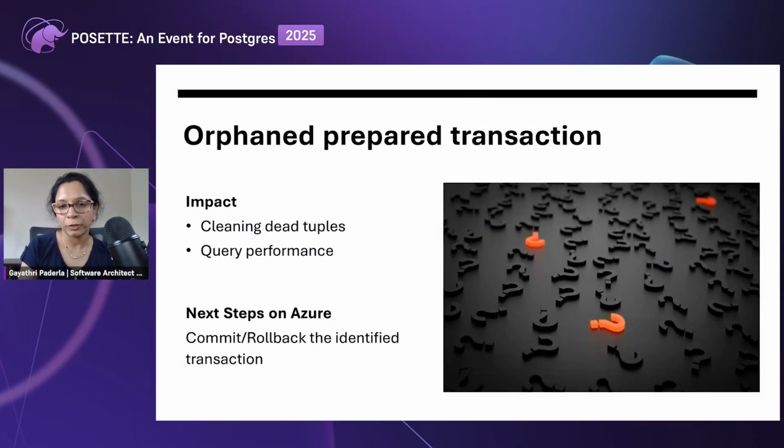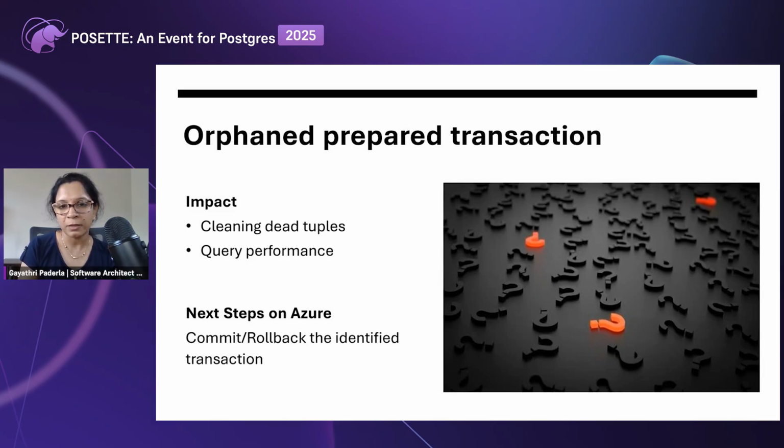Now that you have gone through that demo and understood how the recommendation works and where you can find them, let's walk through the next recommendation we have, which is on orphan prepared transactions. So, an orphan prepared transaction might happen when you have a prepared transaction running and suddenly your client crashes.